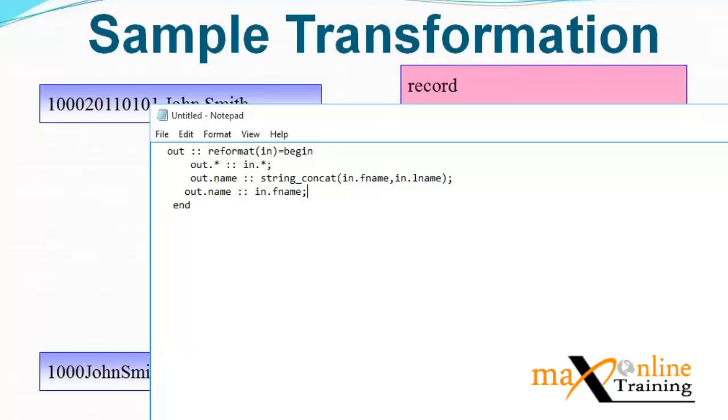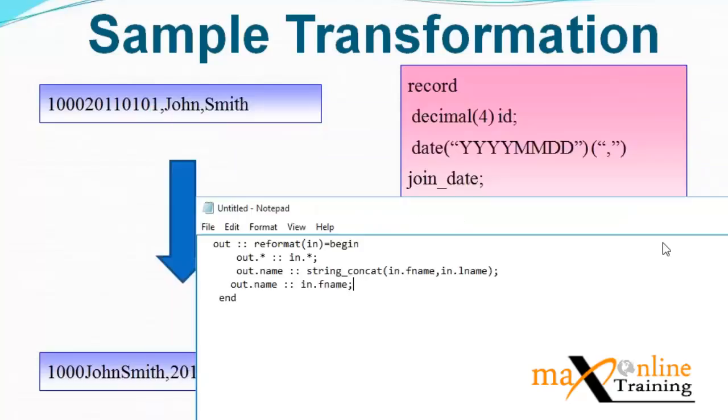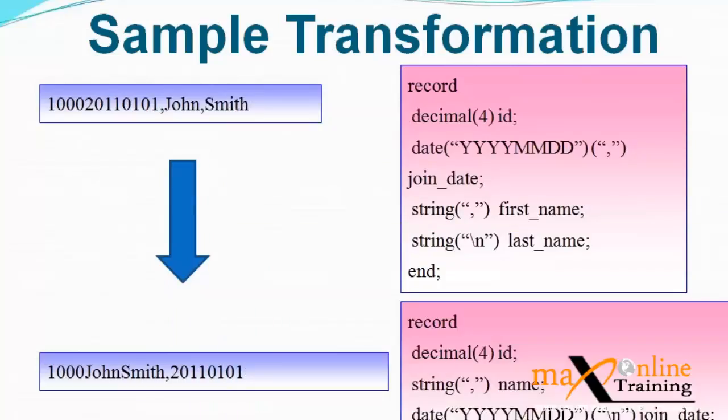Karthik, I have a question. Here, the output and input had record format differences, like the DML was different for both input and output. In input it was first name and last name, whereas in output we have only one name, that is name.